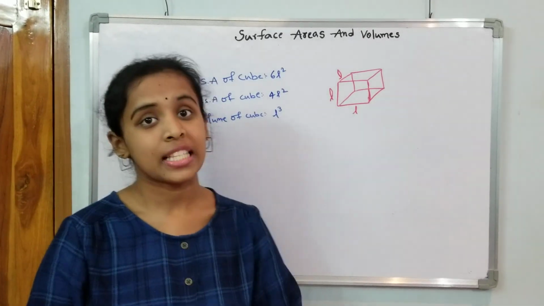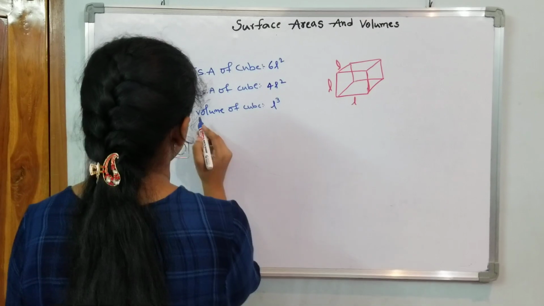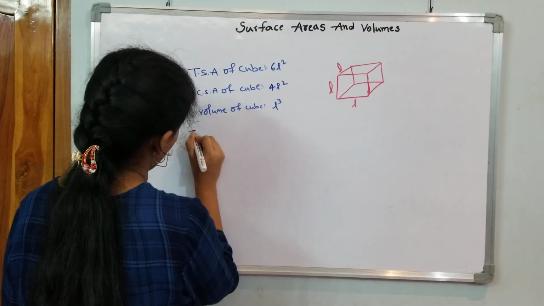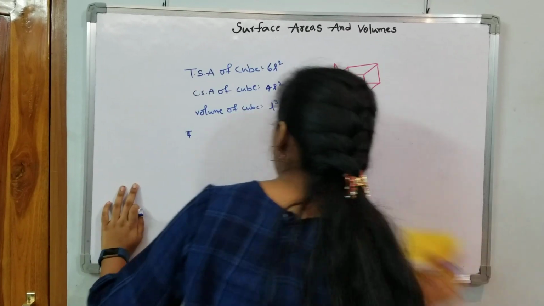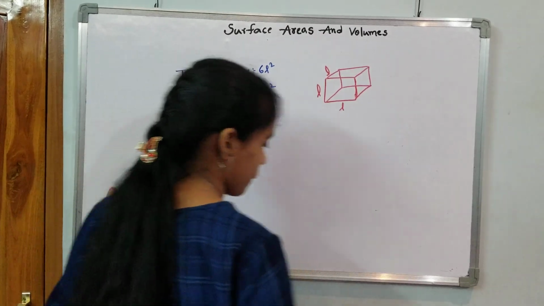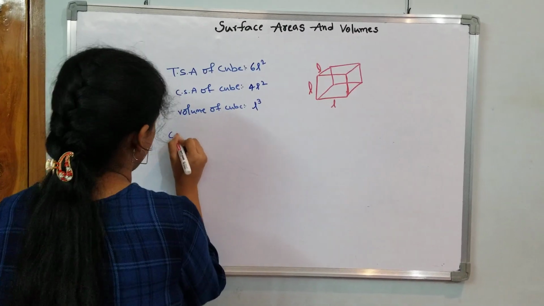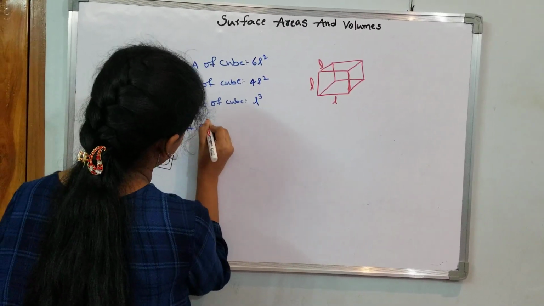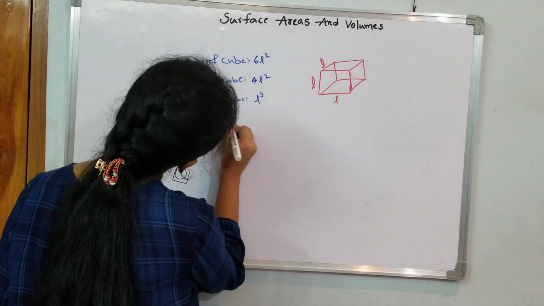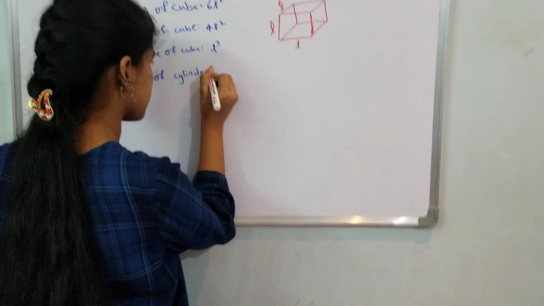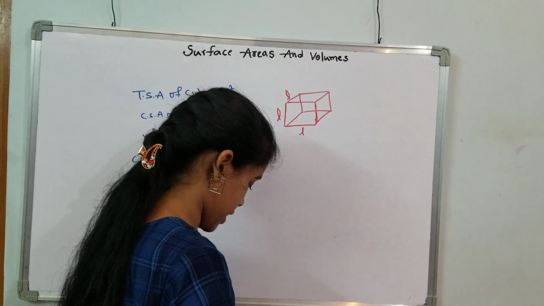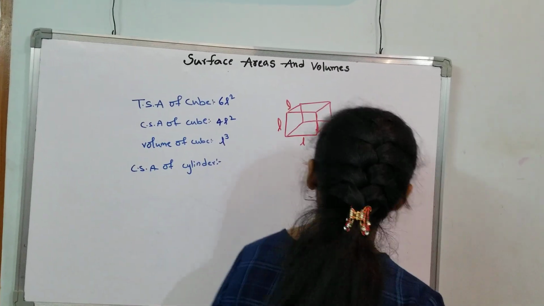So let's go to the cylinder. Curved surface area of cylinder. First let us draw the cylinder once.